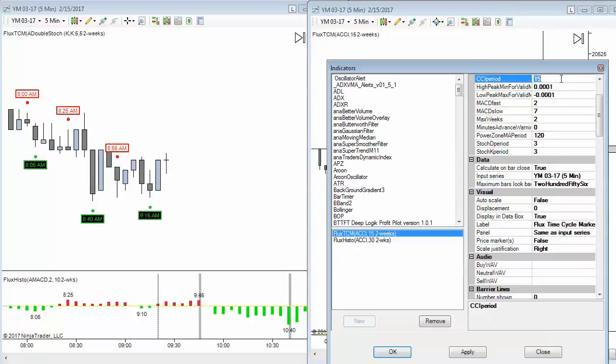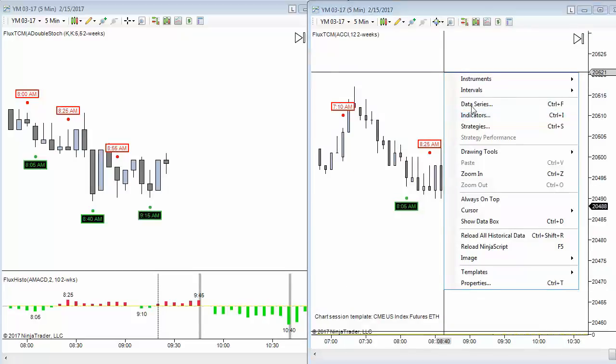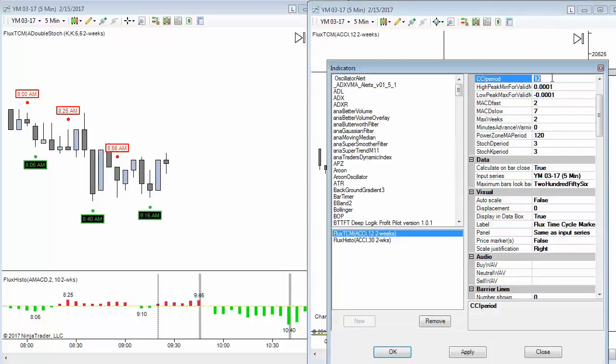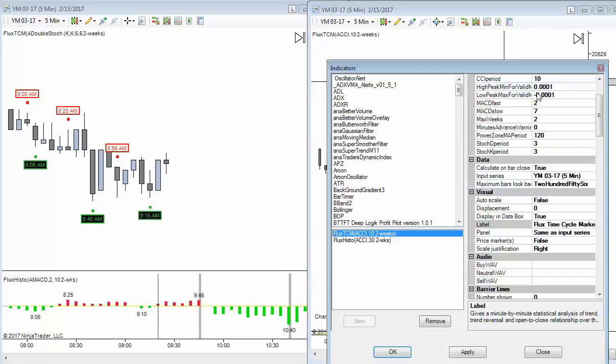I'll go from a 15 to a 12. Just pulling numbers out of my arse right now. A 12 to a 10. Shaving it down, shaving it down. Didn't help. A 10 to 8.